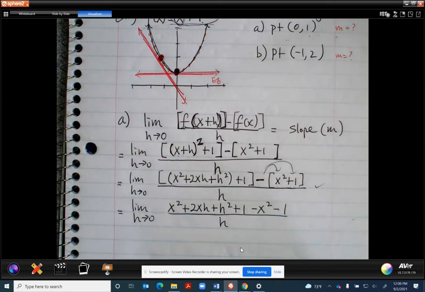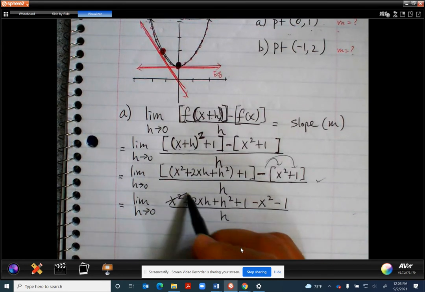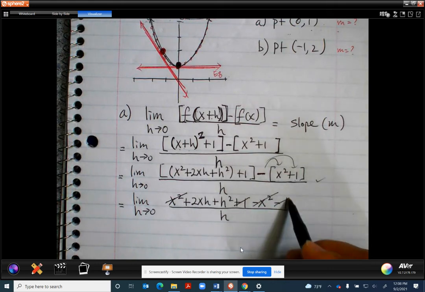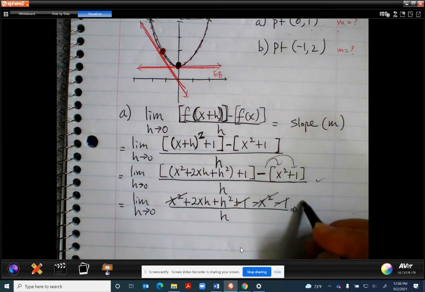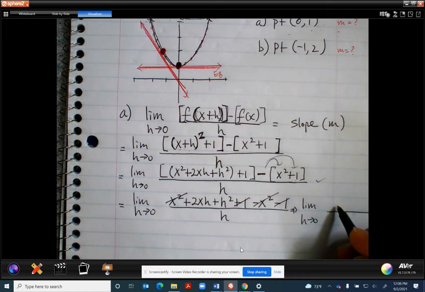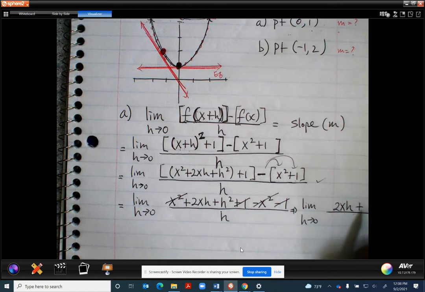Do you notice anything? You can cancel out which ones? X squared and then negative x squared, and what else? 1 and 1. So what do we have left over? Stay with me, help me. Limit as h goes to 0. What do we have left? Isn't it 2xh plus h squared all over h?